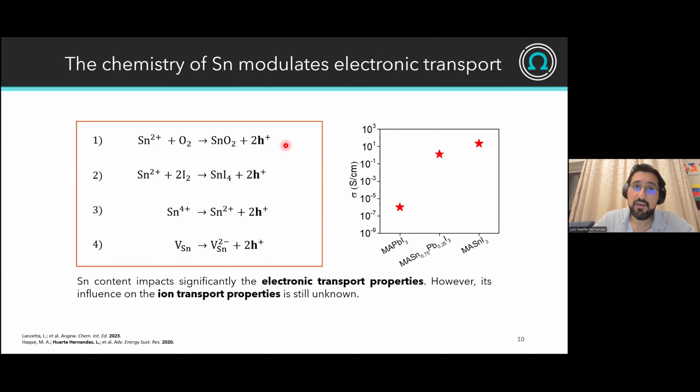That's because any process related to the oxidation of tin via oxygen or iodine creates holes, so that p-dopes the material. Also, if you have tin 4+ and you reduce this tin 4+, it can also lead to a p-doping effect. And if you have vacancies related to tin, these tin vacancies act as acceptor states, which p-dopes the material. So we know that tin content has a huge influence on the electronic transport, but it's still not clear how the tin influences this ion transport.